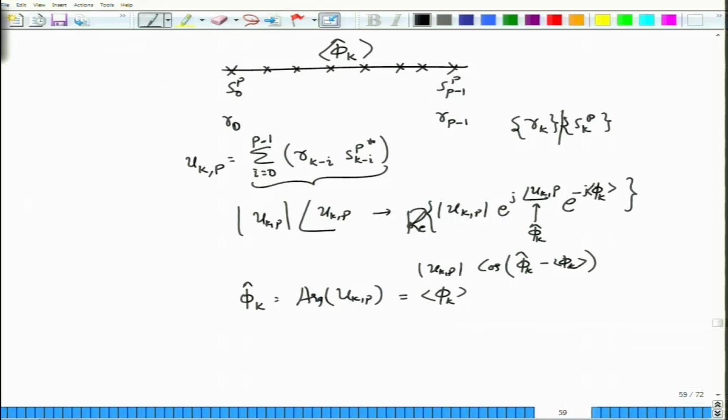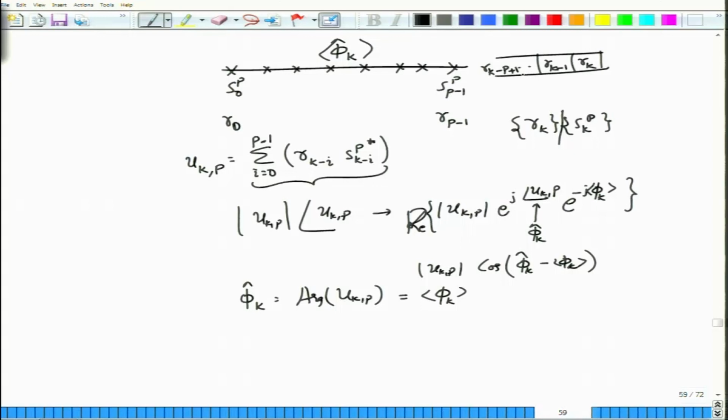If you now move on to k plus 1, then you need to move this block. So, you have received symbols, and you go back in time. So, this is r_{k-1}, and you go all the way up to r_{k-p+1}.